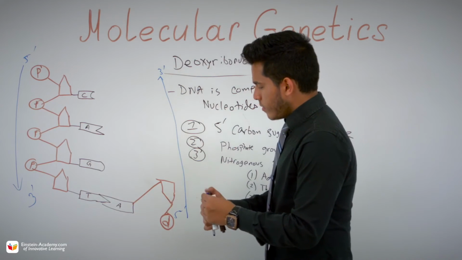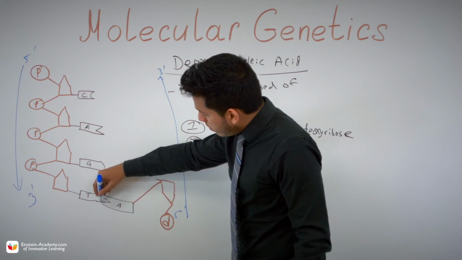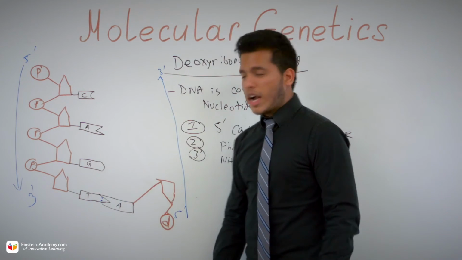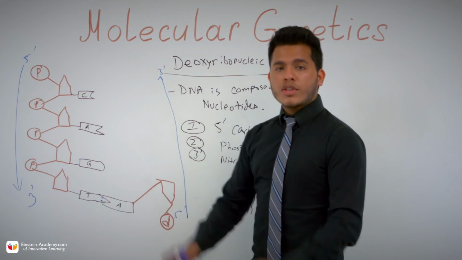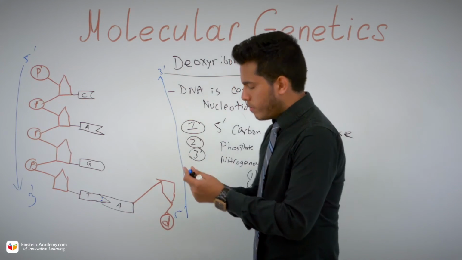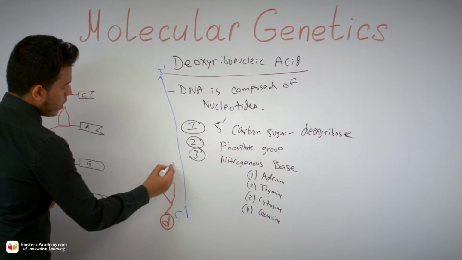So A and T actually have 2 hydrogen bonds between them. I'm just going to draw 2 dotted lines to represent hydrogen bonding. And C and G actually have 3 hydrogen bonds between them. So let me finish off this drawing.